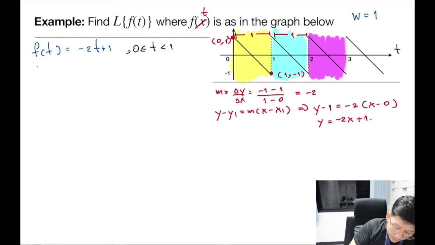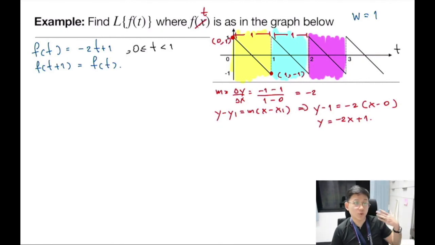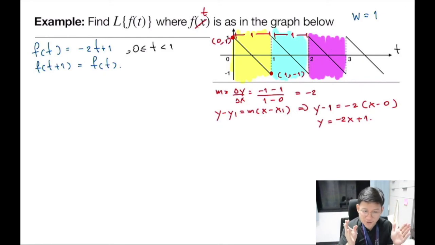And f(t plus 1) is the same as f(t). That tells us it's a periodic function. So right now we have the function. The function is not given, so we need to determine the function.